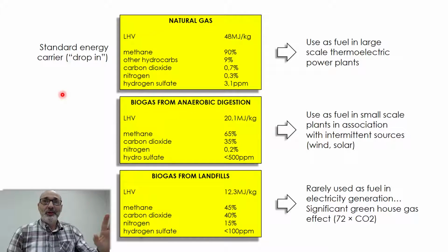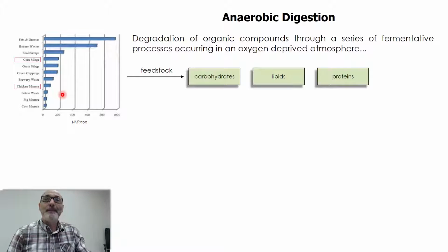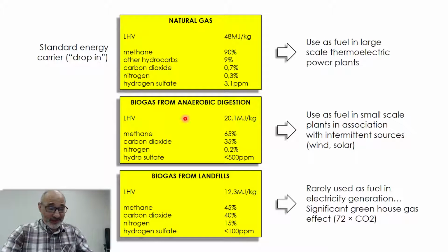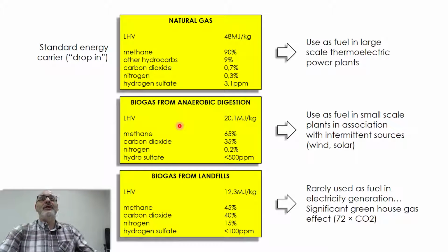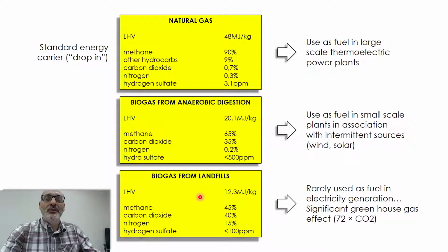Are you satisfied with my answer? So, coming back here, both are anaerobic digestion, but usually this one is from those types of residues, and for landfills you use municipal garbage, actually, that you try to ferment.